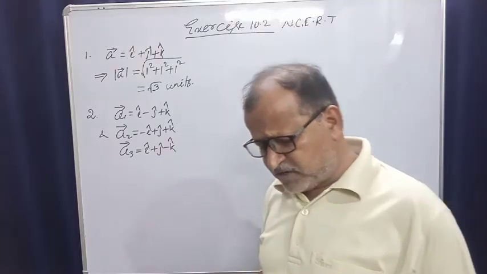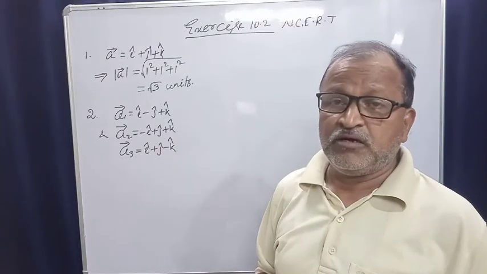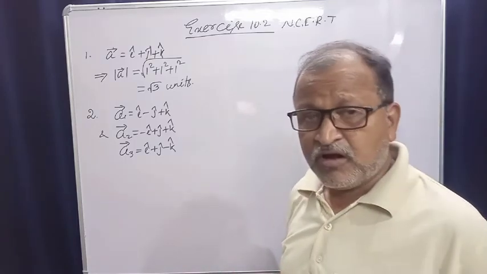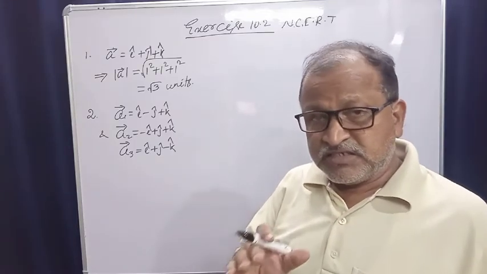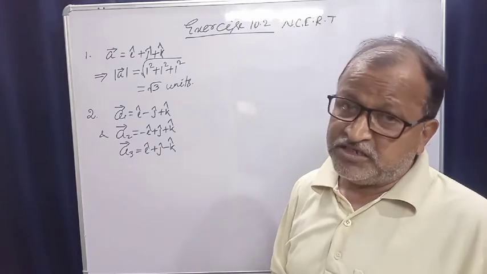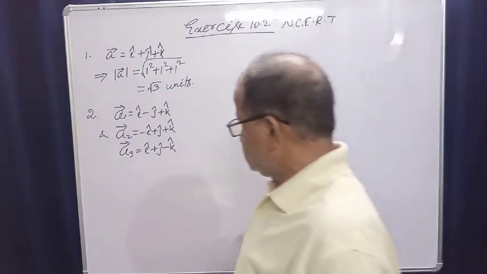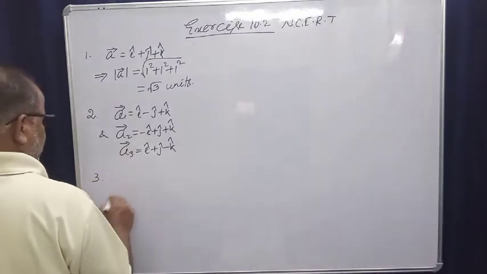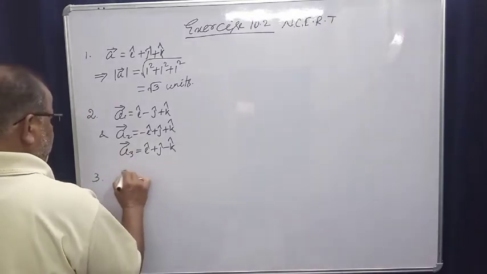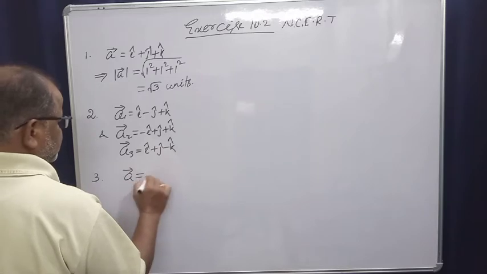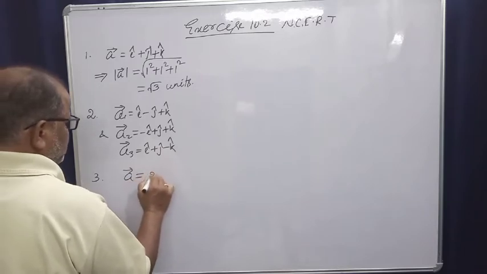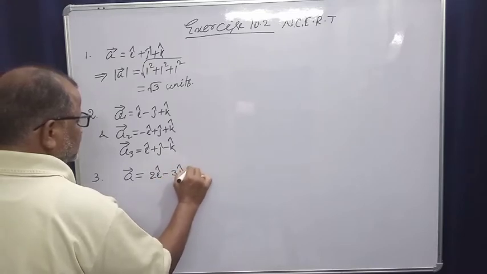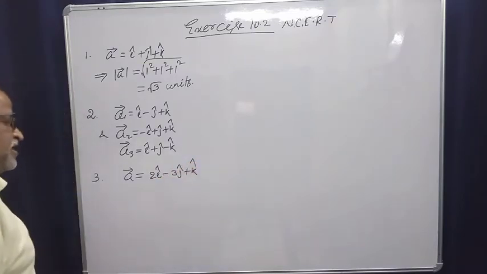Right? Two different vectors having same direction. Same direction, different vector. How will it happen? Direction is same, but magnitude is different. Suppose A is 2 I cap minus 3 j cap plus k cap. Right?